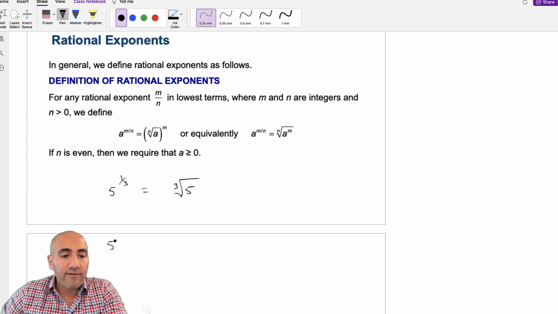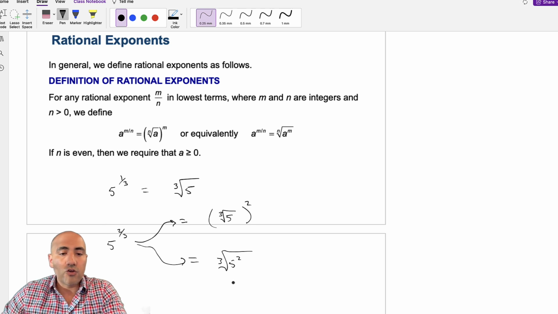So what if we had a 5 and then we had a fractional value of, say, 2/3? What do we do with 2/3? Well, this is saying that we can do one of two things with this. It comes in 2 flavors. We can say that this is the same thing as the cube root of 5 raised to the power of 2, or if it suits you, you can also say that this is equal to 5 to the 2nd power and then inside the cube root.